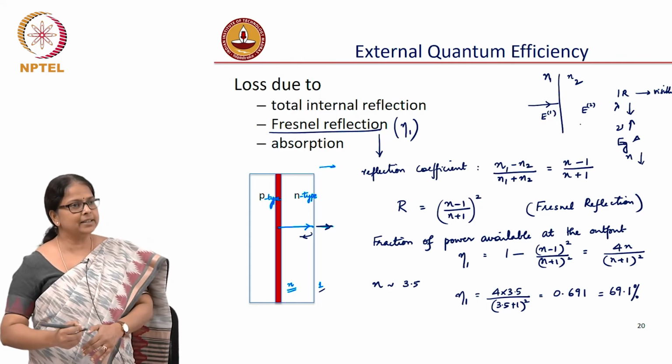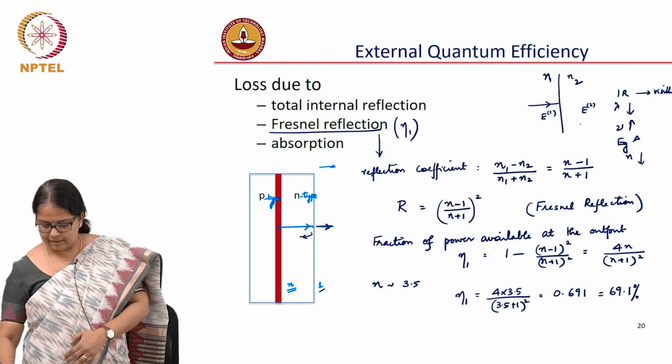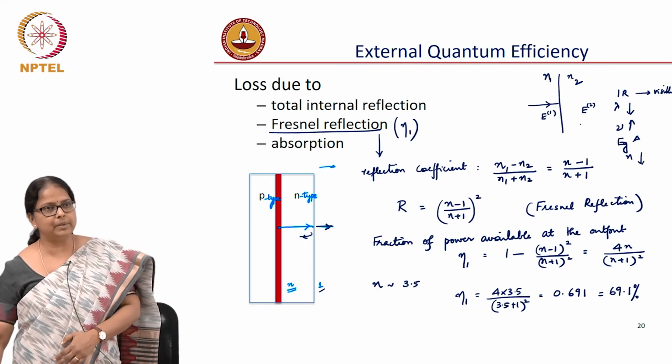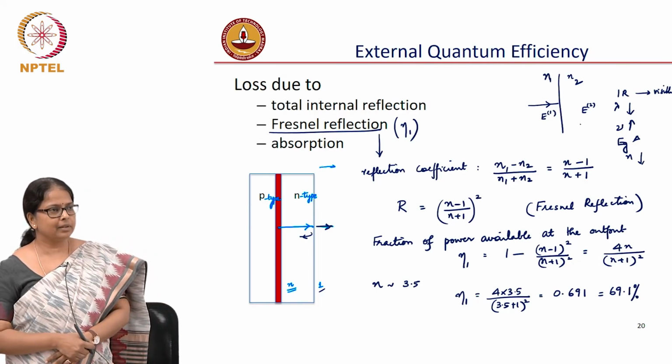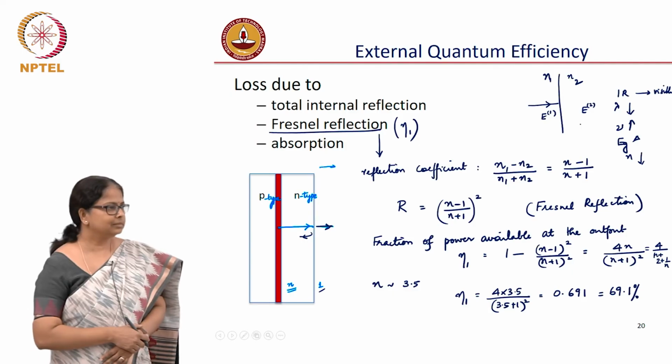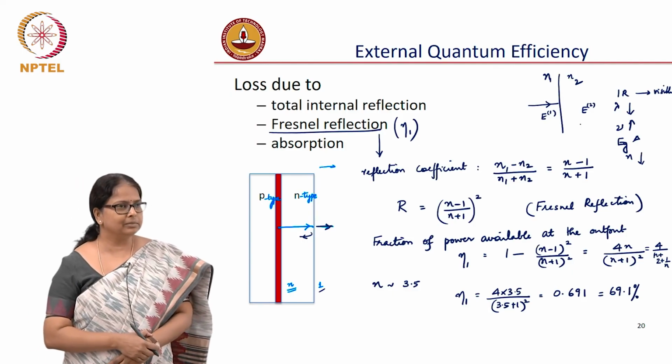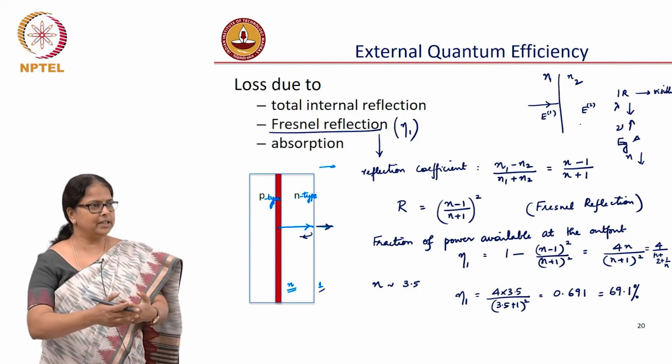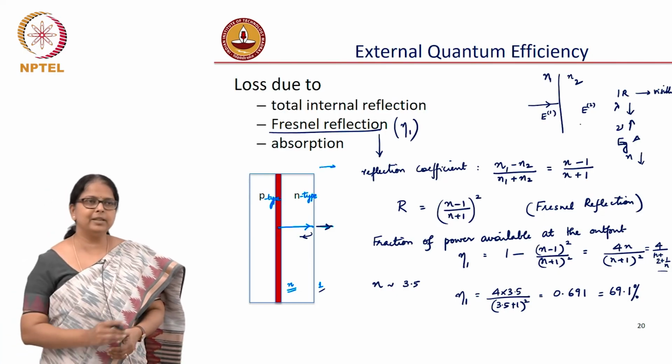As n decreases, what happens to this number 4n by (n plus 1) the whole square? Would it increase or would it decrease? I would say, you write it as 4 divided by (n plus 2 plus 1 by n). How would this behave now? As your n increases, would your denominator increase or decrease?